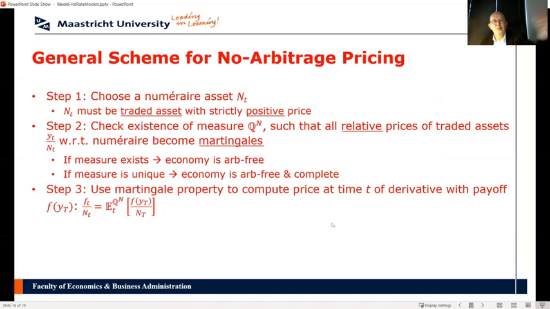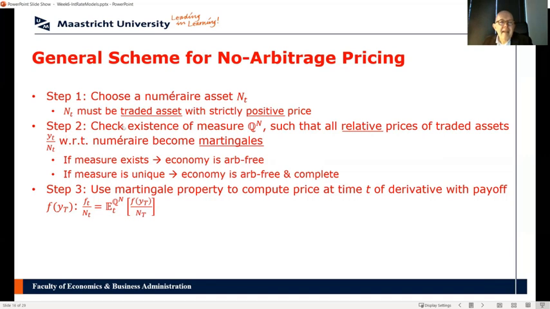Now we jump back to, I think, week 2, when we talked about no arbitrage pricing. What was the general scheme for no arbitrage pricing? In step 1, we can choose a numeraire asset. What was the requirement for a numeraire asset? It must be a traded asset in the economy, and it must have a strictly positive price.